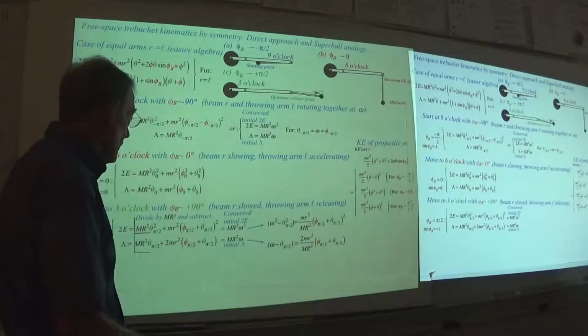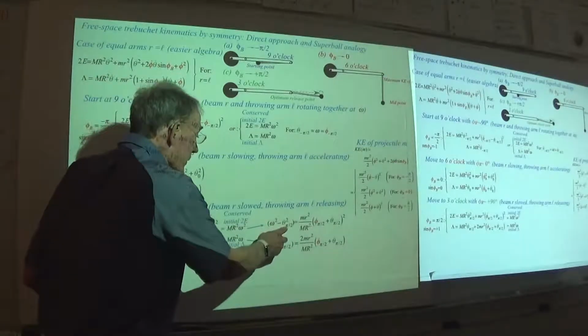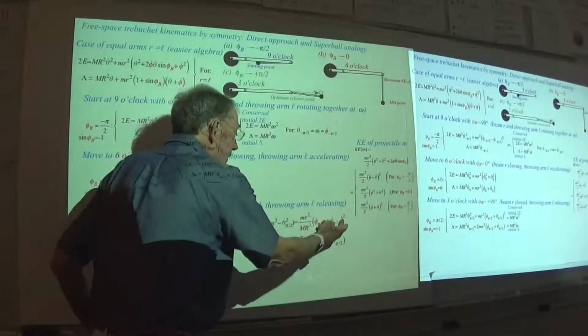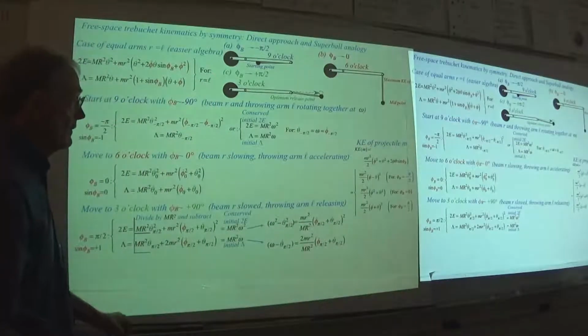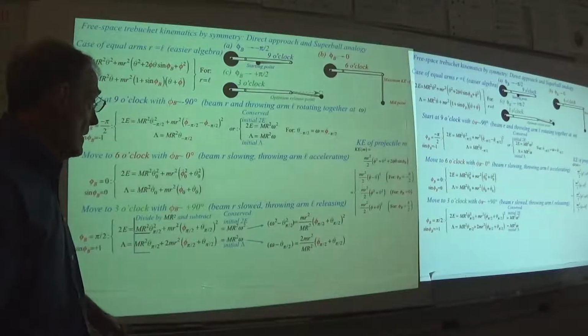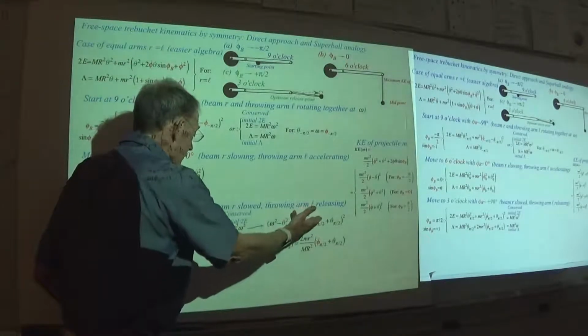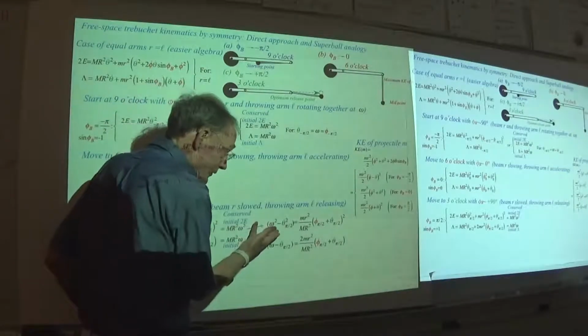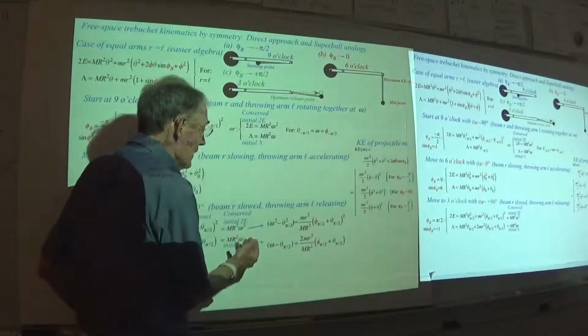Divide that out, and I subtract this phi dot squared, and end up with a sum squared of the velocities at the pi over 2. That's this thing, and that takes care of the kinetic energy. See, this was the initial KE. Now it's still the same total kinetic energy.